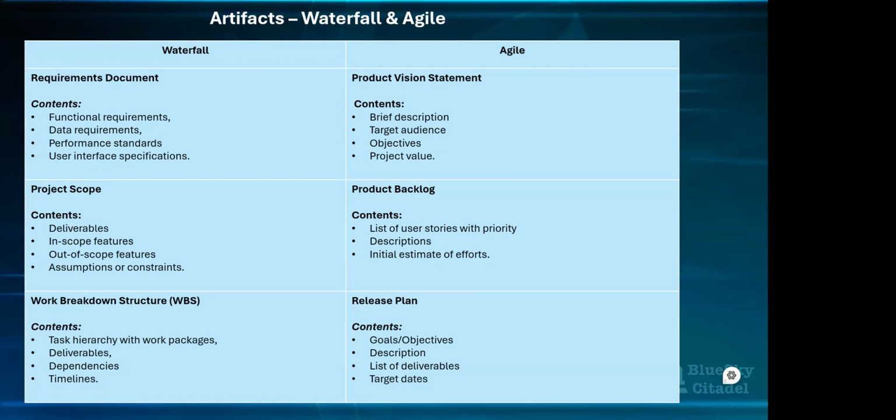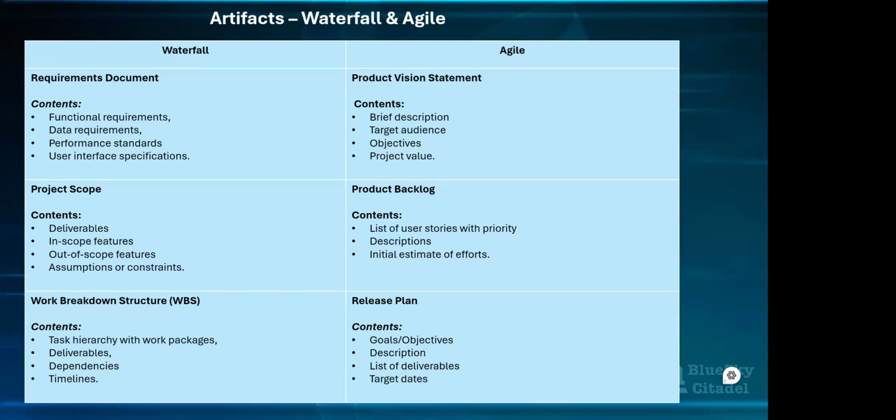So the requirement document, the purpose for this document is to capture detailed functional and non-functional requirements, like I said earlier on, for the entire project. Okay, so it's not just for a phase, it's for the entire project. We want to know what are the functional requirements, what are the non-functional requirements. So the content for your requirements document will be the functional requirements.